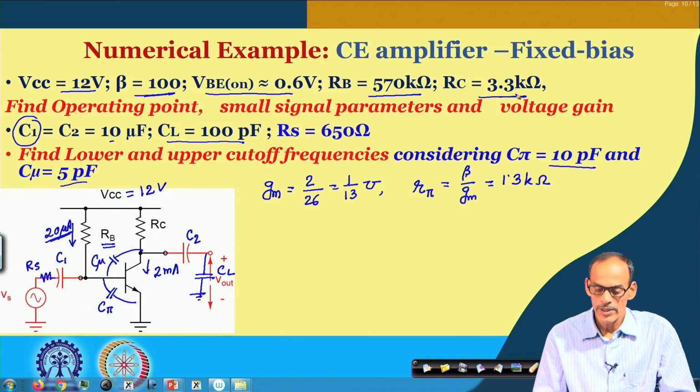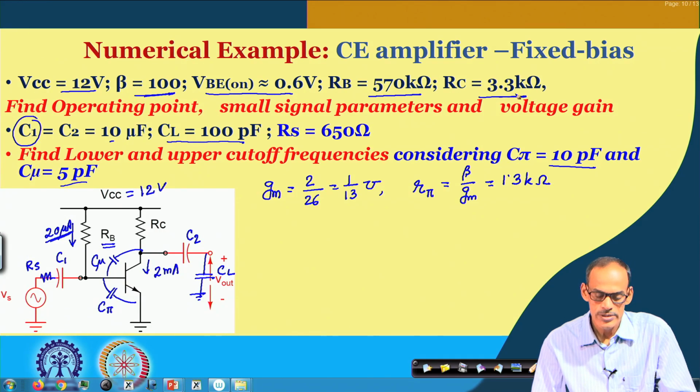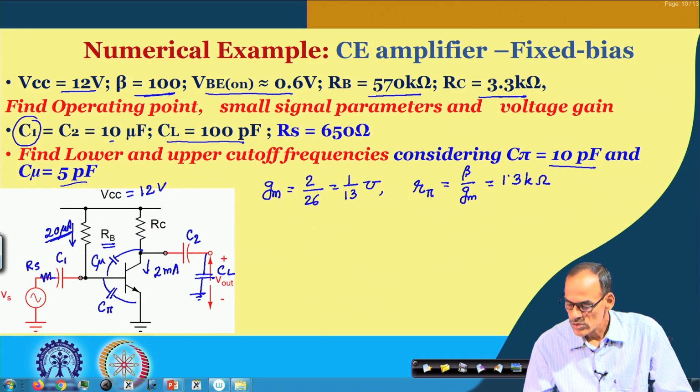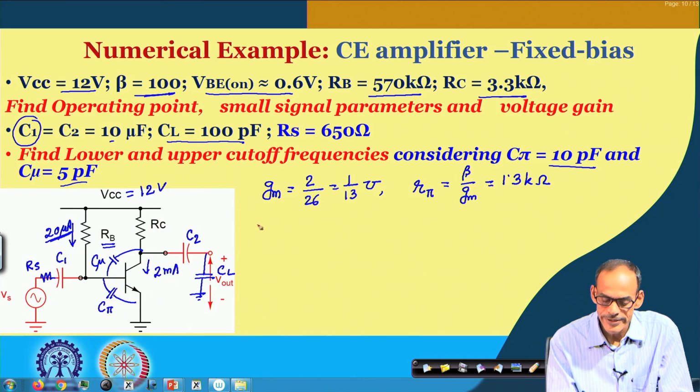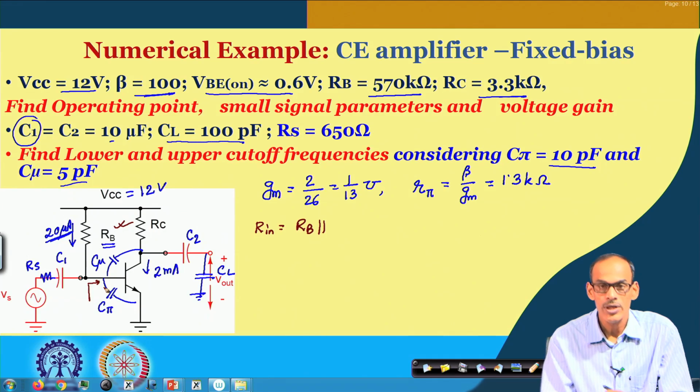So, from these parameters we can try to find the voltage gain, and then input capacitance, input resistance, and so on. So, first of all, input resistance R in, which is equal to R B in parallel with the input resistance coming out of the device.